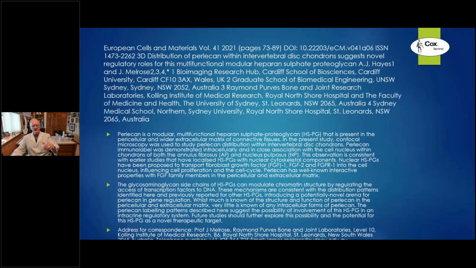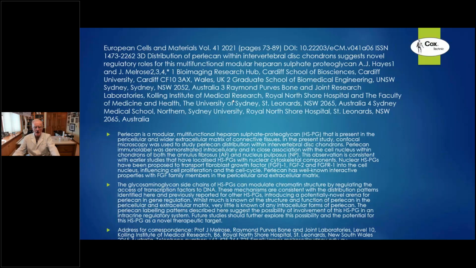You'll note here in this paper from European Cells and Materials, which just came out today, 2021, it's the distribution of perlecan within the intervertebral disc chondron and how it affects the changes with heparan sulfate proteoglycans. So you can study this on your own. You can pull the paper up and read it.